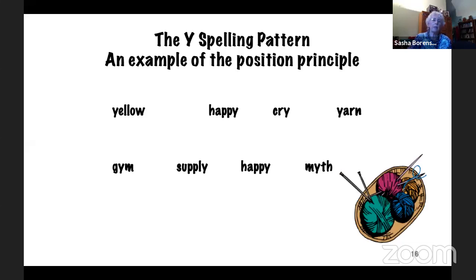If you're wanting to teach your students when Y is acting as a consonant or when it is acting as a vowel, you have to say, okay, this is a one syllable word, cry, or yarn. Yarn is a one syllable word. We know that every syllable can have one and only one vowel sound.